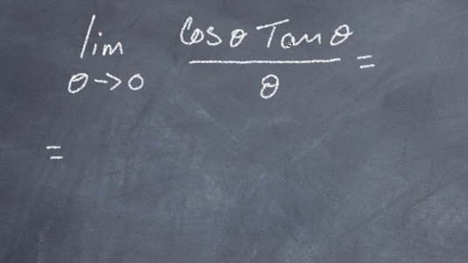In this particular case, instead of doing that right off the bat, I'm going to try to simplify this down. And I'm going to write this tan theta in terms of sines and cosines.